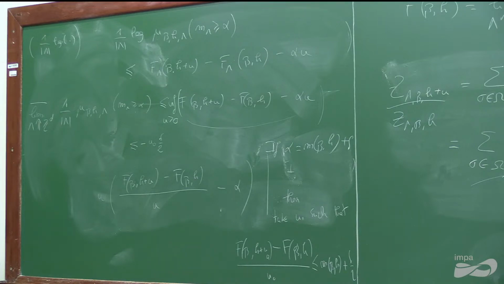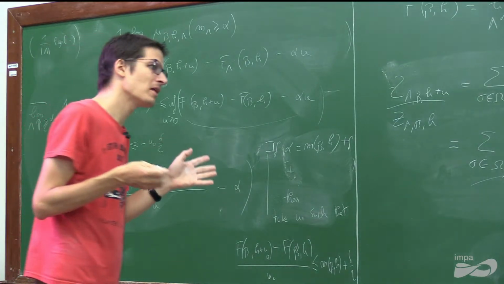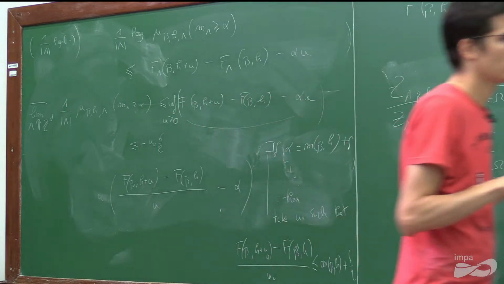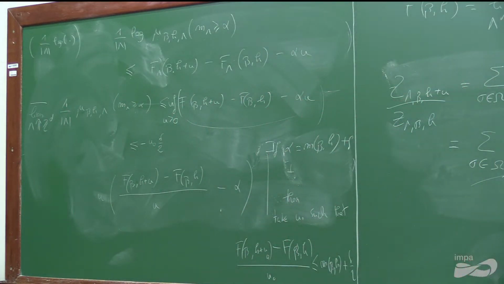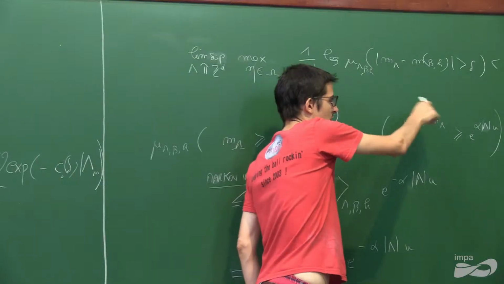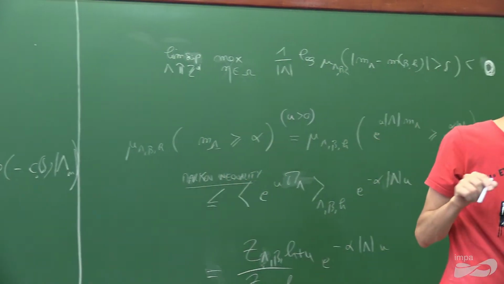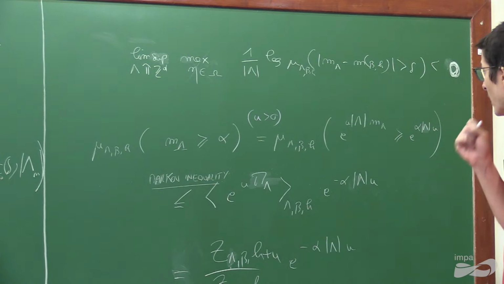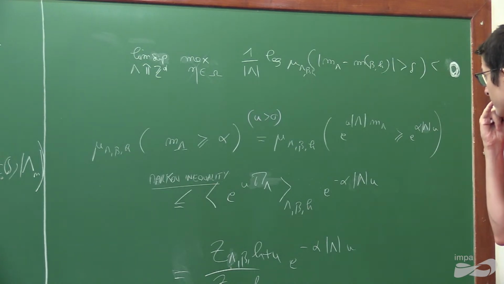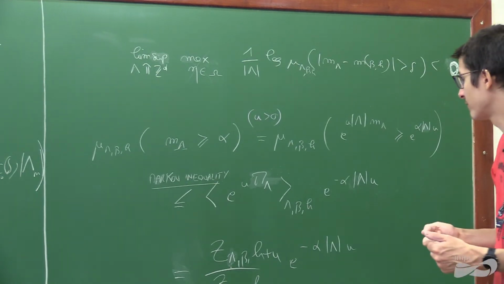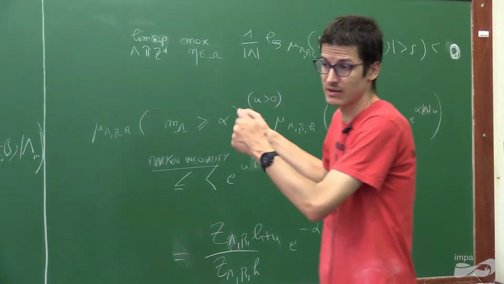If this is the first time you see this kind of computation, the intuition is kind of intricate. The overall idea is that the average of the exponential of a random variable contains a lot of information concerning the probability of this random variable deviating a lot from its mean.